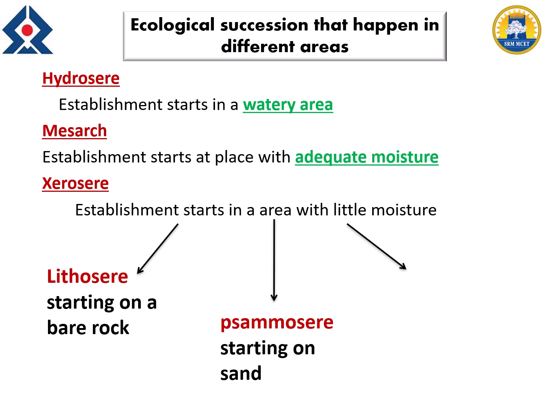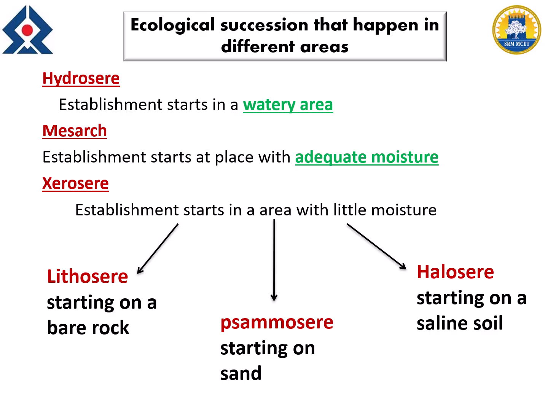If the ecological succession starts from a watery area, it is called hydrosere. If only adequate moisture is present in that area, it is called mesosere. And a bare area with no moisture or little moisture is called xerosere. The xerosere is further classified into three types.